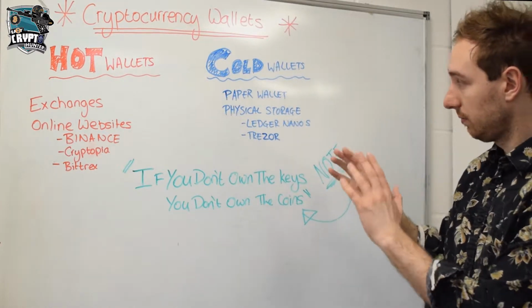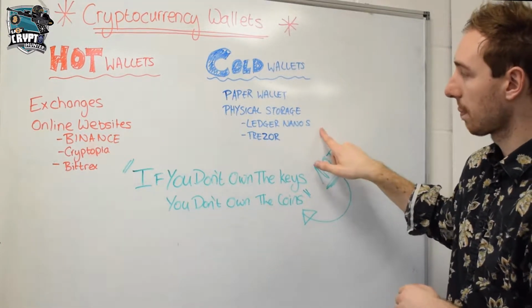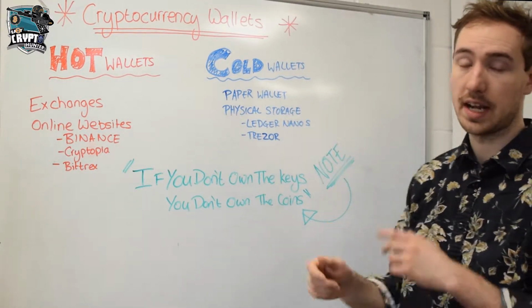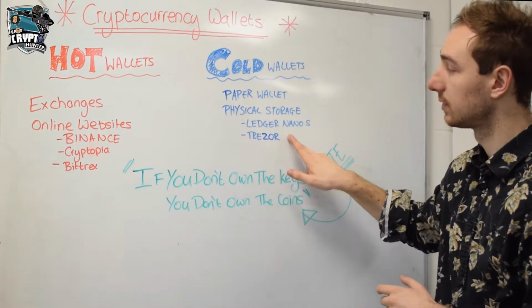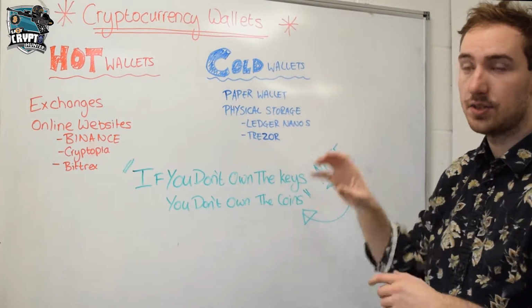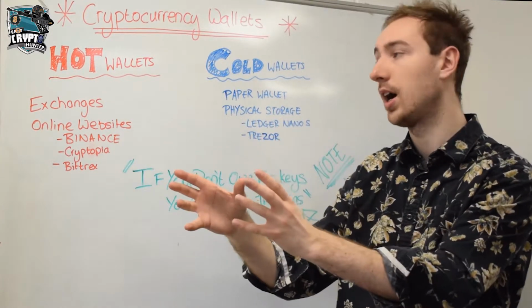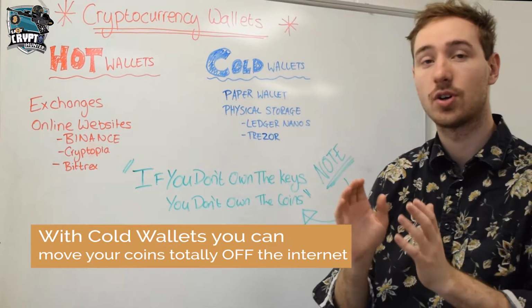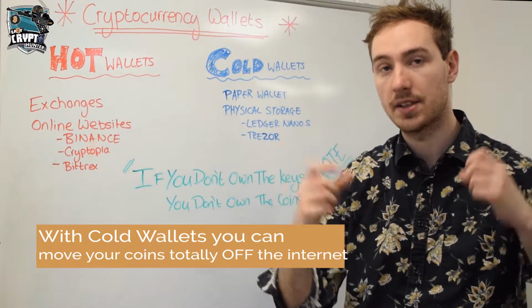So there are different types of cold wallet. You can have a paper wallet or a physical storage device, something like a Ledger Nano S or a Trezor. Effectively, you can take your coins from wherever they are and move them to a physical storage, or cold storage. It's totally off the internet at that point. It remains on the blockchain.